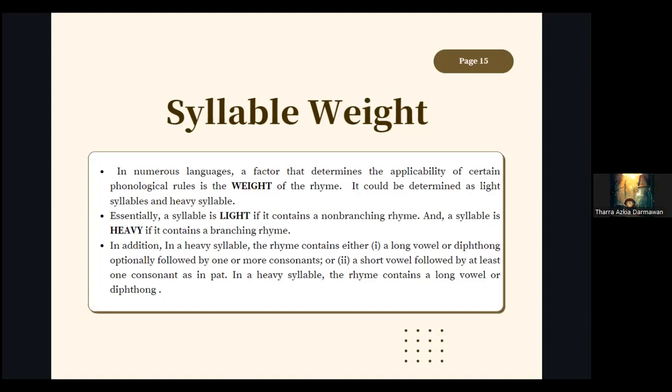In addition, in a heavy syllable, the rhyme contains either first, a long vowel or diphthong optionally followed by one or more consonants, or two, a short vowel followed by at least one consonant as in pat. In a heavy syllable, the rhyme contains a long vowel or diphthong.